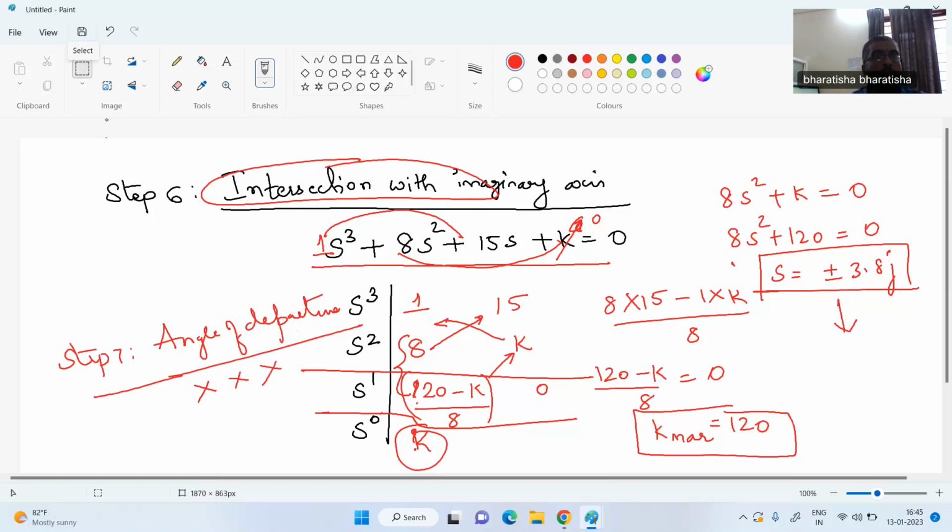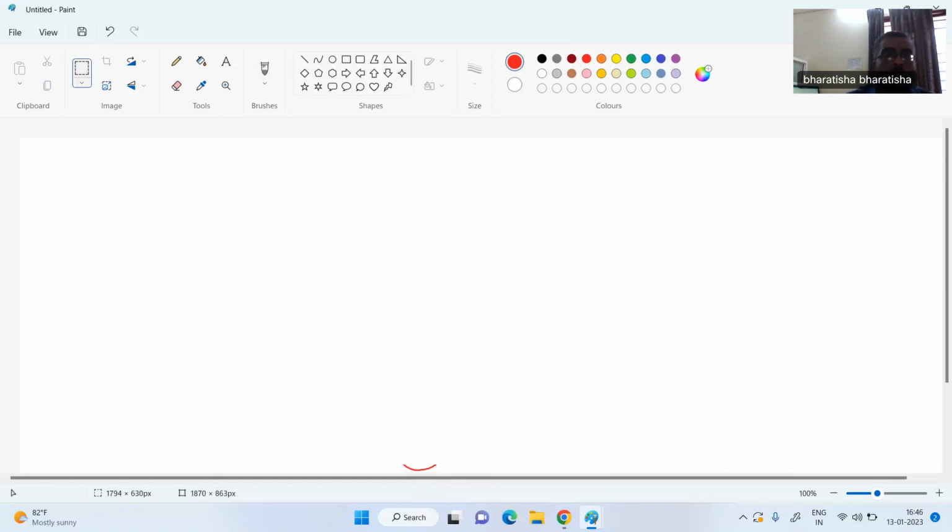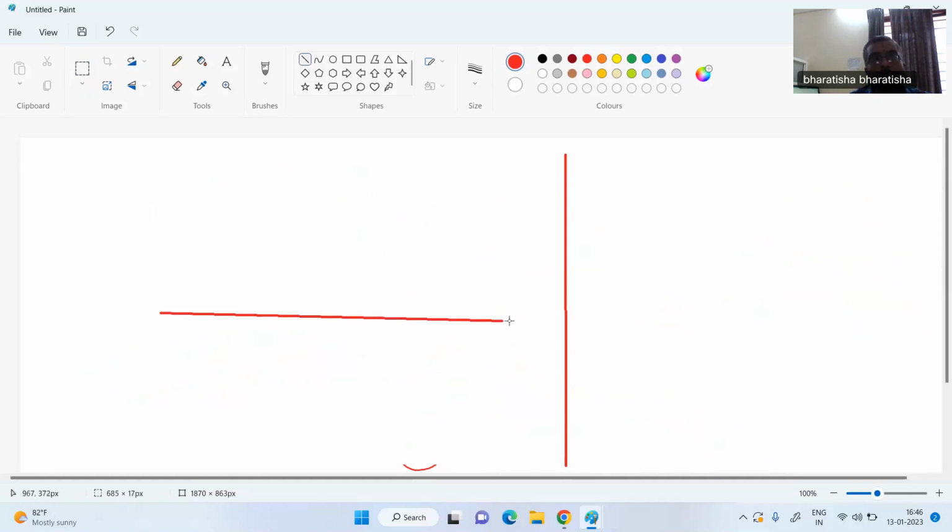Okay, so let me quickly plot this now. Keeping all this data, I have to plot the root locus. For that, please leave one or two lines from the graph, and then draw the y-axis, and let the x-axis be like this.